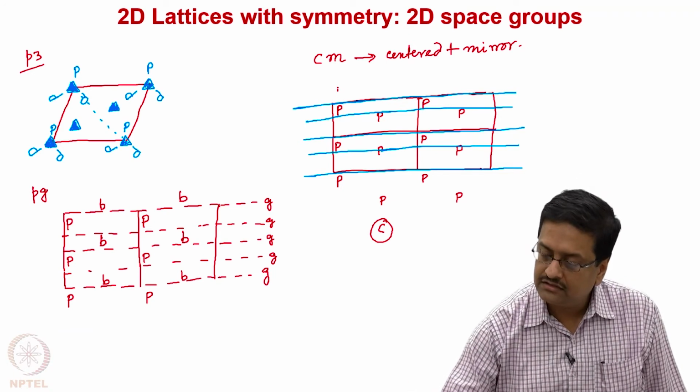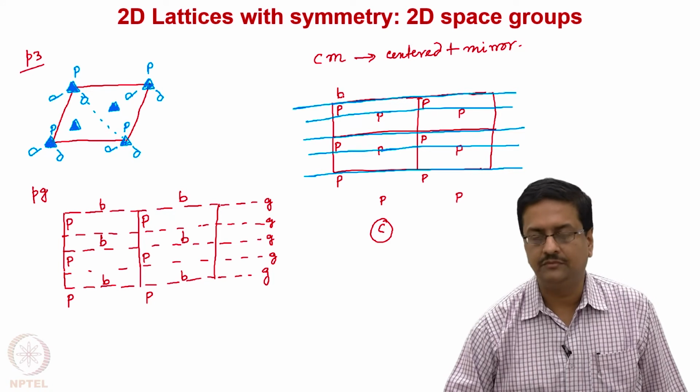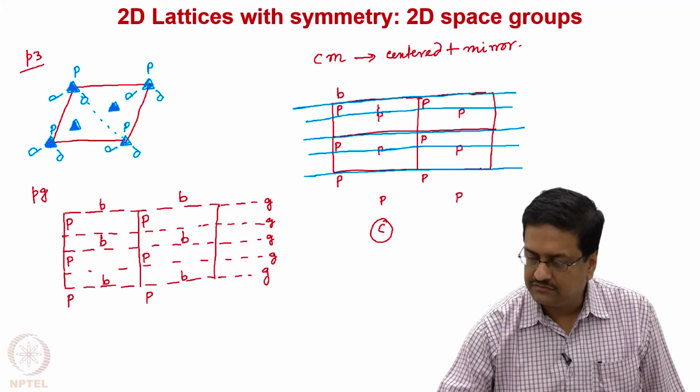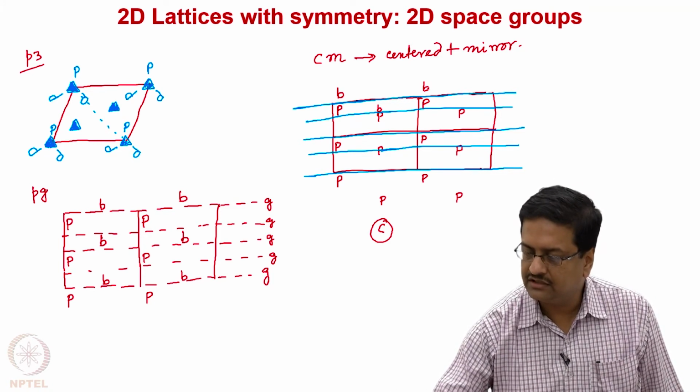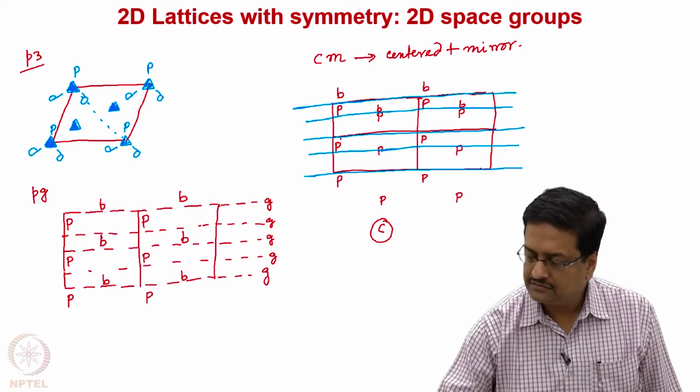So what I get is the object here, the object there, the object here, object there, and so on.